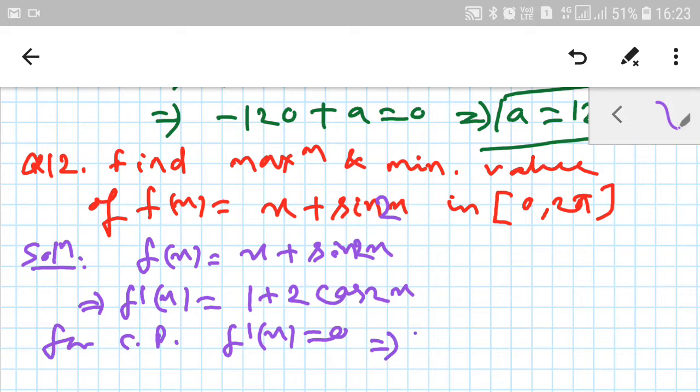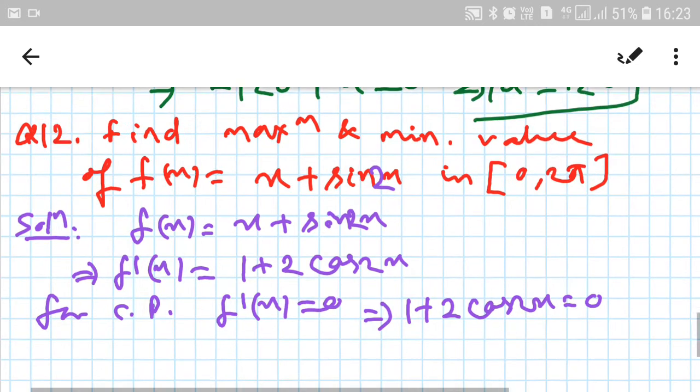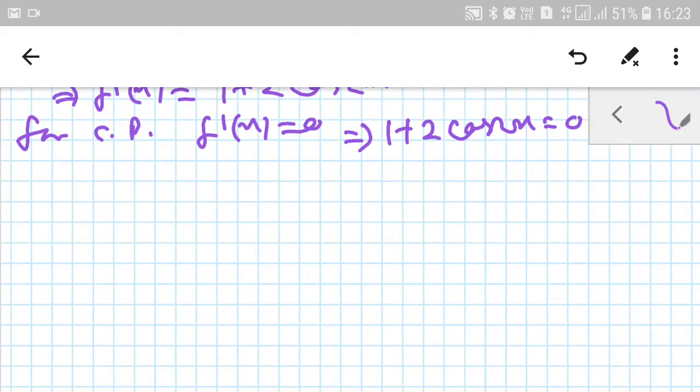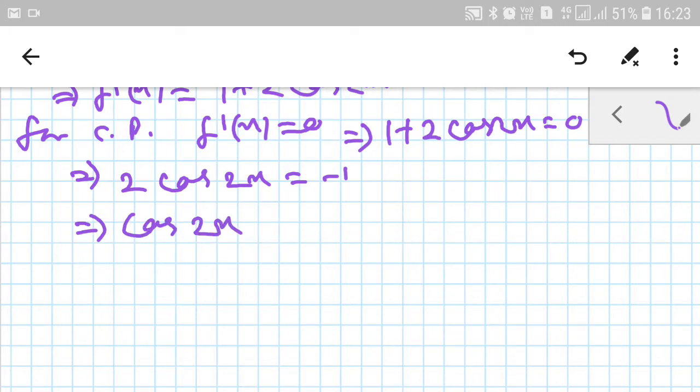That means 1 plus 2 cos 2x equals 0, right? Now let us solve this equation. Therefore I have 2 cosine of 2x equals minus 1 and cosine of 2x is equal to minus 1 by 2. Now cos is negative in the second quadrant as well as in the third quadrant.